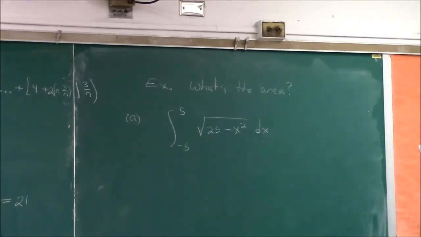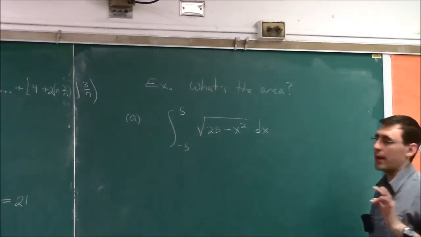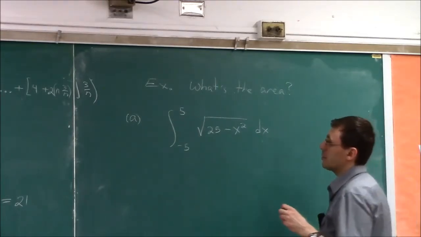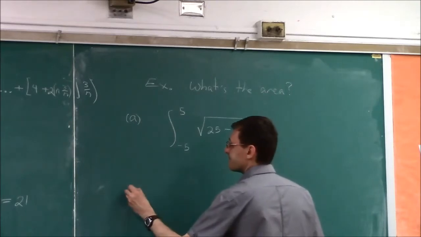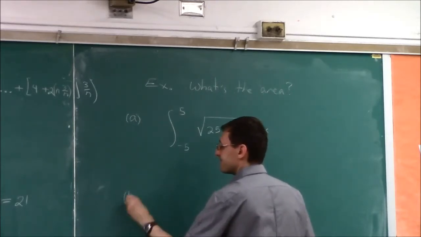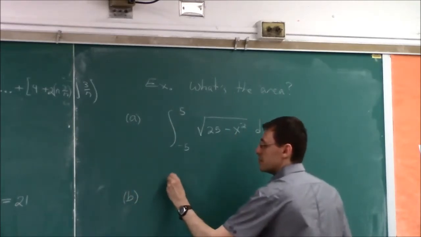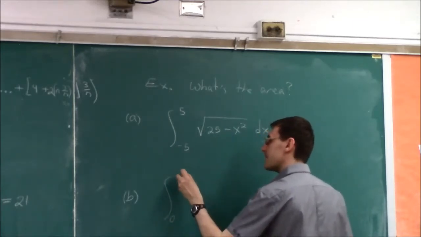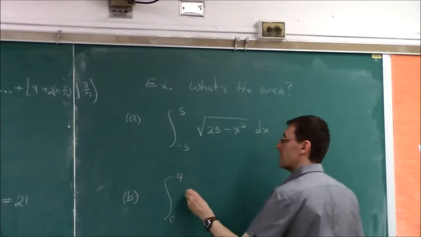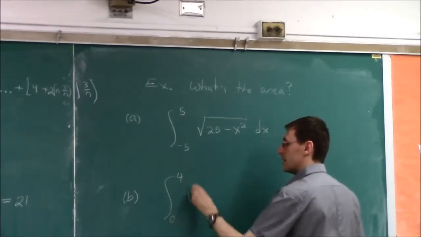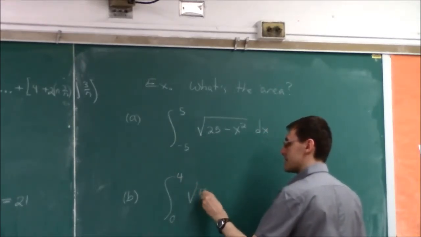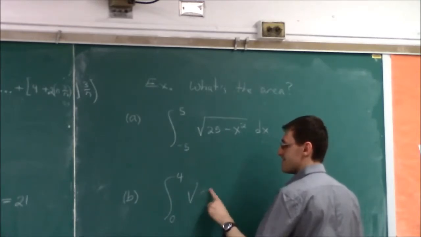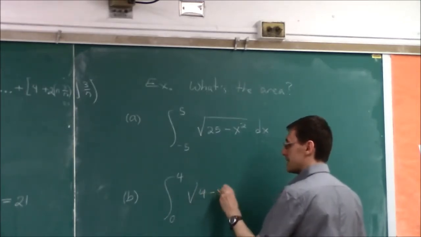You can try Riemann sums, but that's a very horrible way to approach it. How do we figure it out? B will be a very similar example. Let's say from 0 to 4 of root 4 minus x squared, let's say.